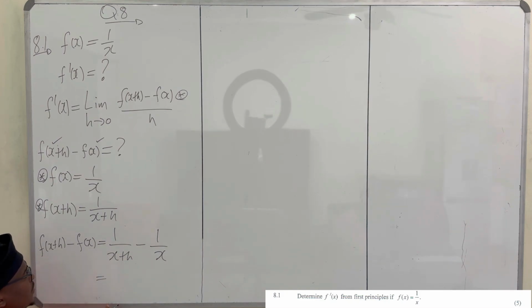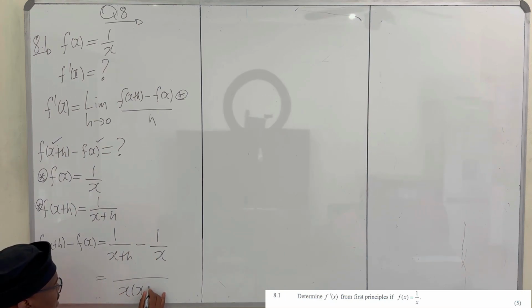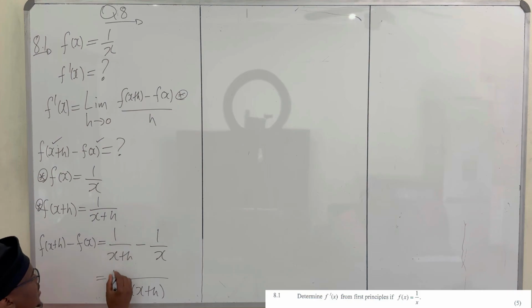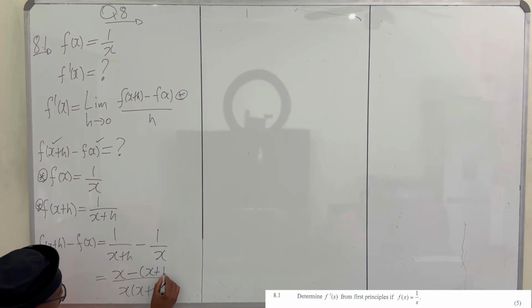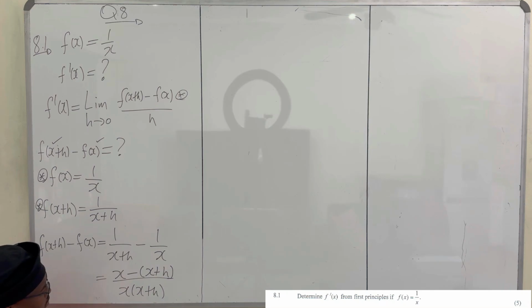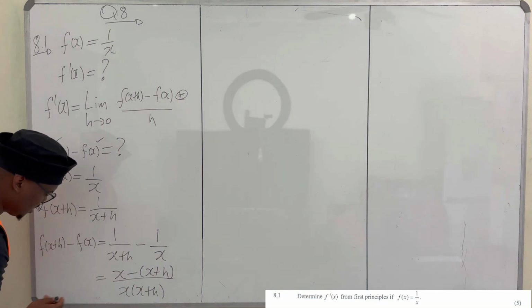Then we simplify this, right? It's all over x into x plus h. Then this times that, x, and this times that, minus x plus h. Then from here, you simplify.